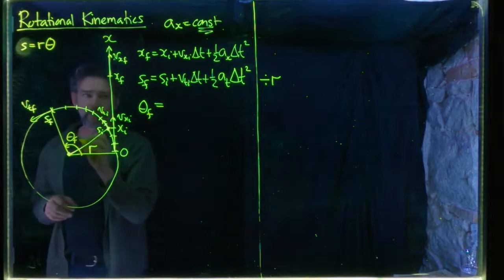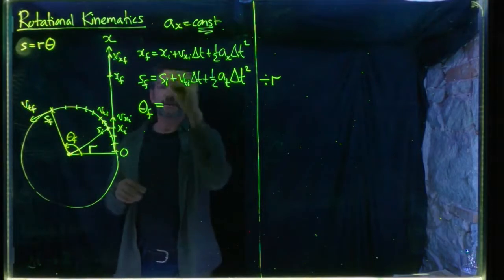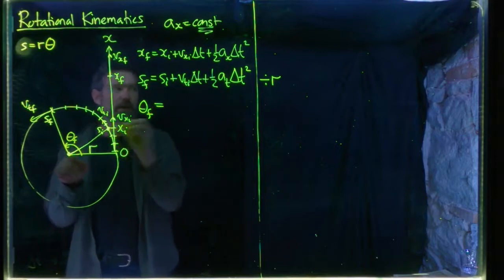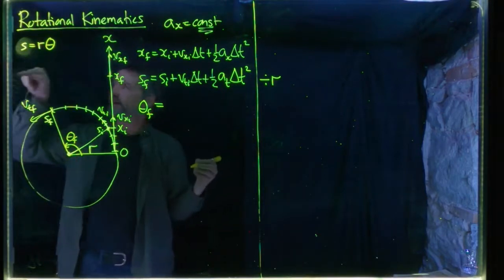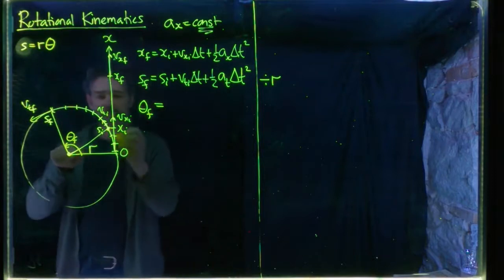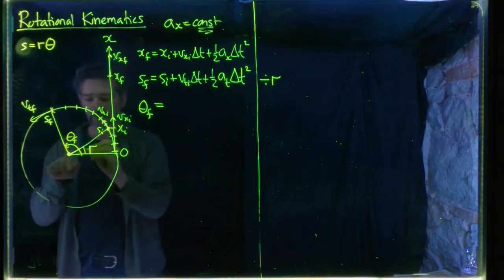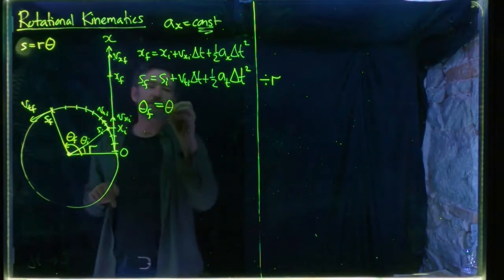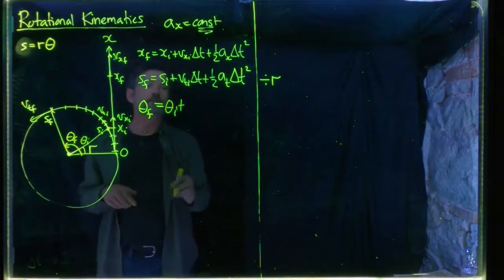Theta final is equal to, take this initial arc length S initial along the circle, and divide by R. So S divided by R will be theta, in this case theta initial. So the initial angle, theta initial, plus now V tangential.